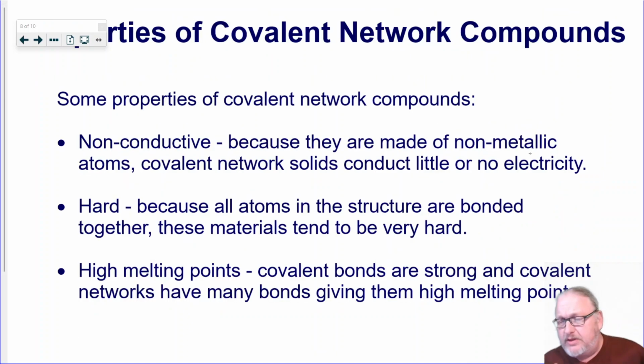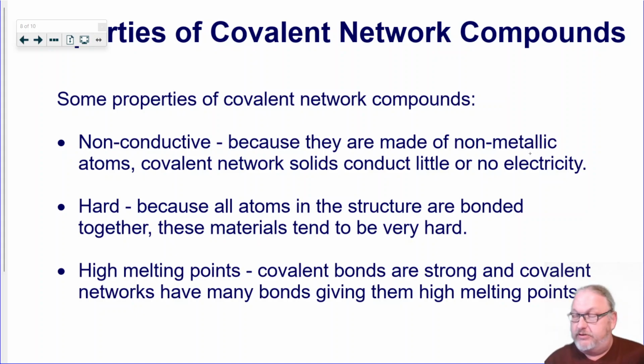So, some properties of these covalent network compounds. One, they're non-conductive because they're made up of non-metallic atoms. So they're going to conduct little or no electricity. There's no free electrons to move. They're very hard, usually, because they're bonded together.